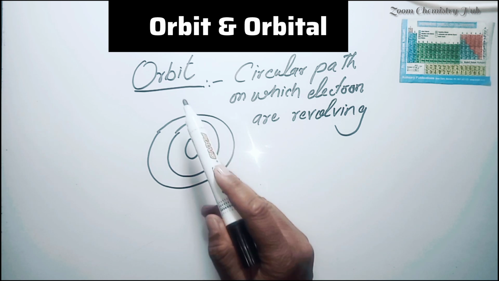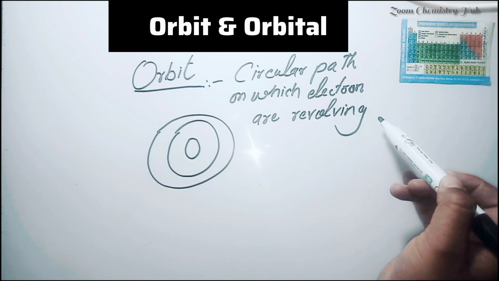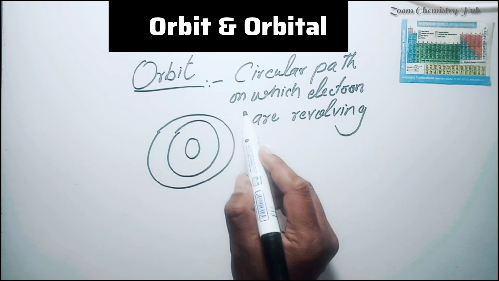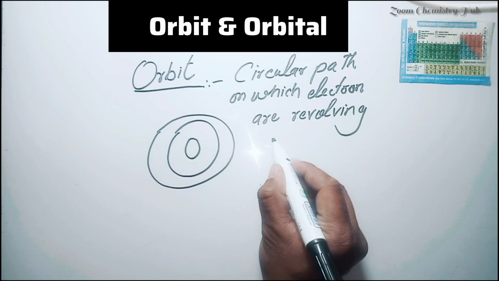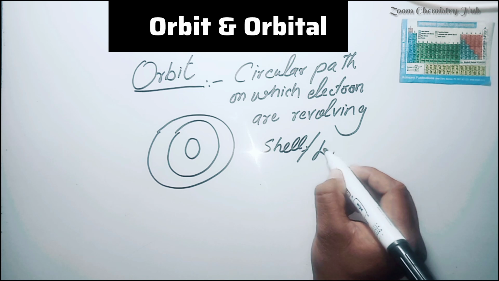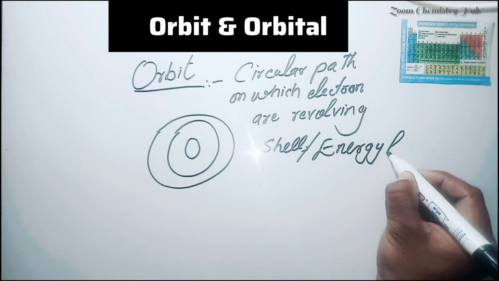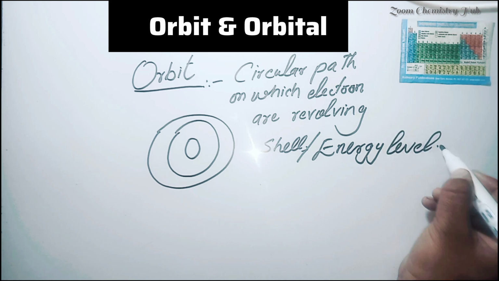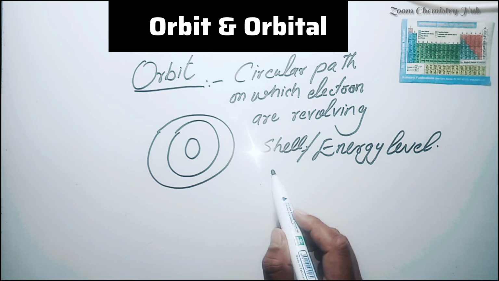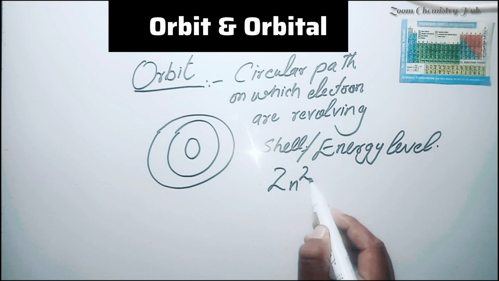So the orbit is the circular path on which electrons are revolving continuously. These circular paths are also called shell or energy level, and in these circular paths electrons are distributed by the 2n square formula.